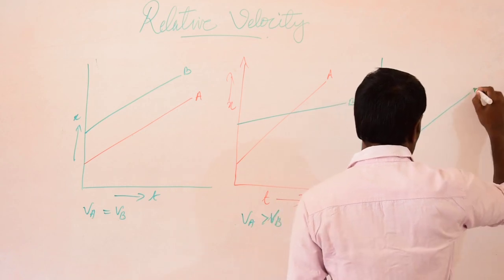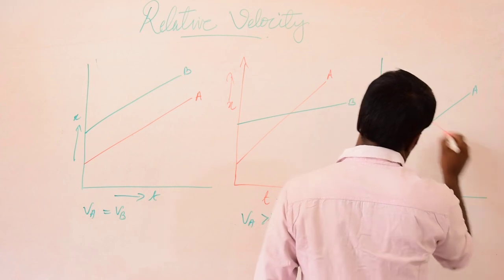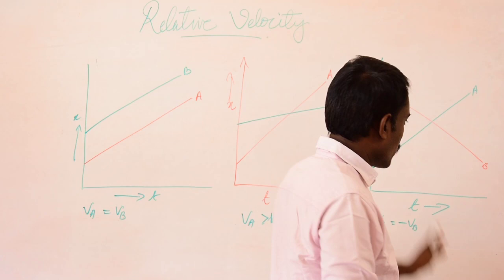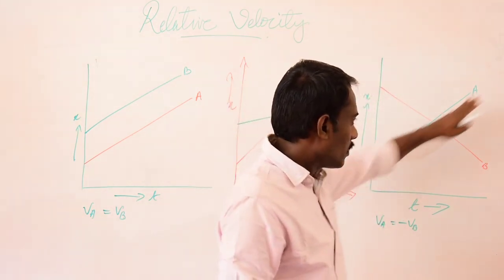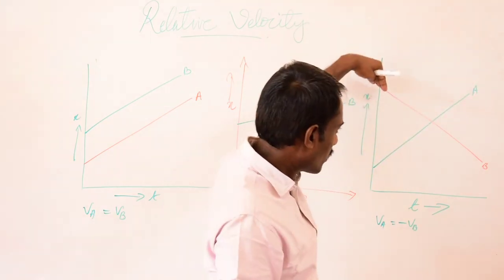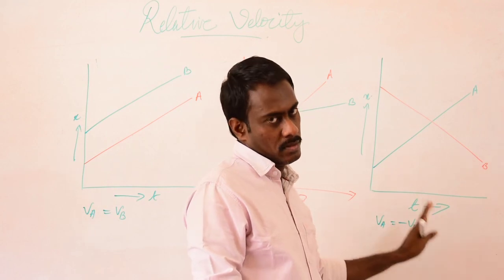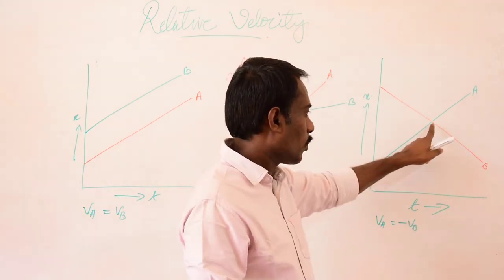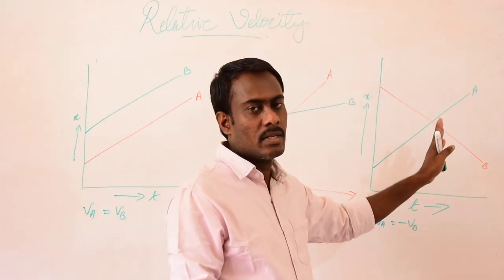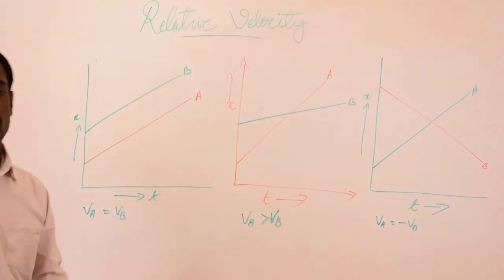If this is A and this is B, one is going in this direction, which means the velocity is increasing, and the other one has the velocity decreasing. So both are in opposite directions. This is the point of intersection where both have equal displacement. So these are the three special cases of relative velocity.